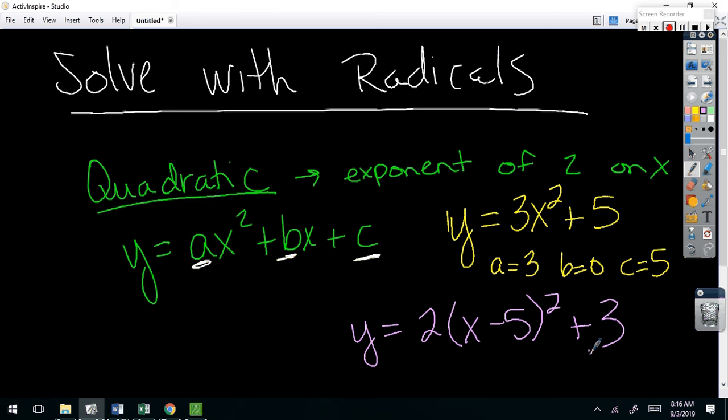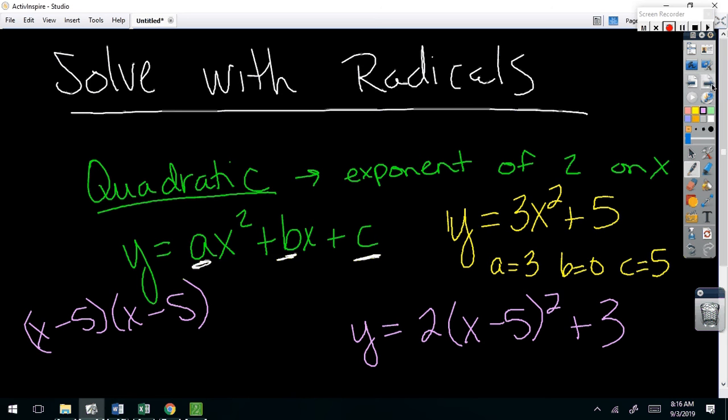If I multiplied that out, x minus 5 times x minus 5, because you can't distribute, never, never, never distribute that squared through because you're subtracting in there. But if I foiled that out and distributed the 2 in front, I'd still have an x squared term, so it's still a quadratic.